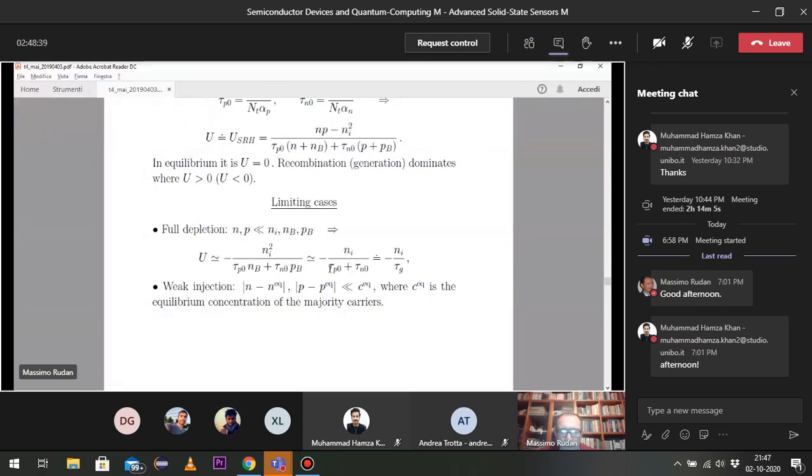And the sum tau P0 plus tau N0 is given the name tau G. It is also called the generation time, okay? Because generations prevail over recombination. So in full depletion, we have a very, very simple expression of U. It is just a negative constant, okay?